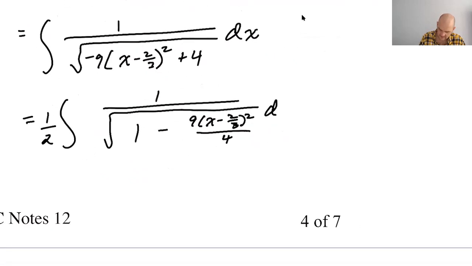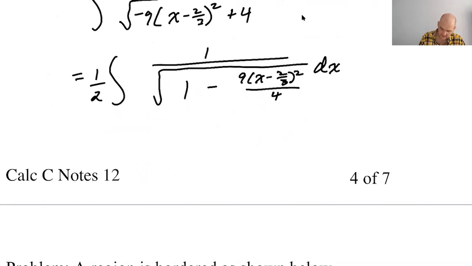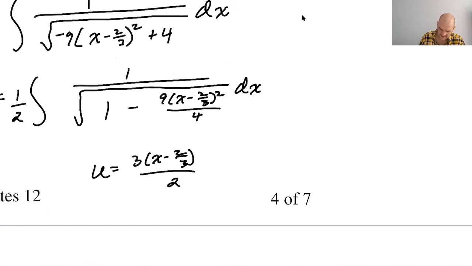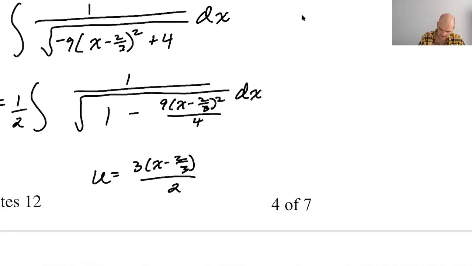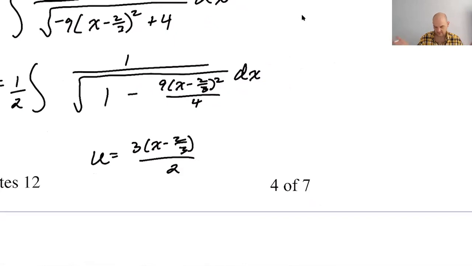This is definitely arcsine. Okay, so if I say that u is 3x minus 2/3 over 2, then that is u squared. So then du is 3/2 dx, so 2/3.